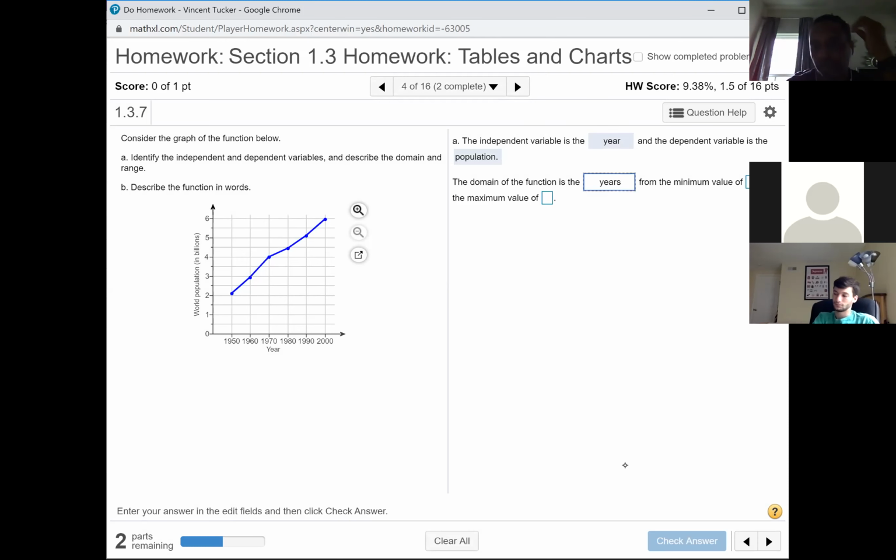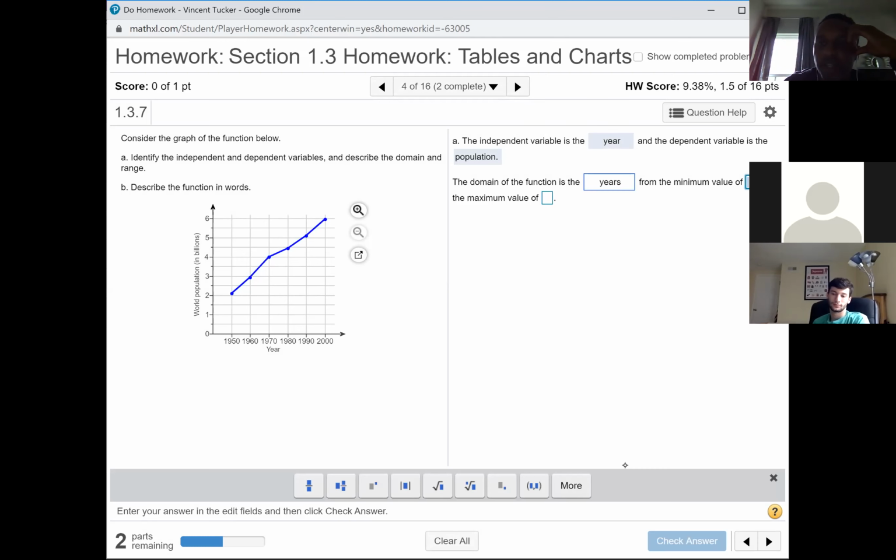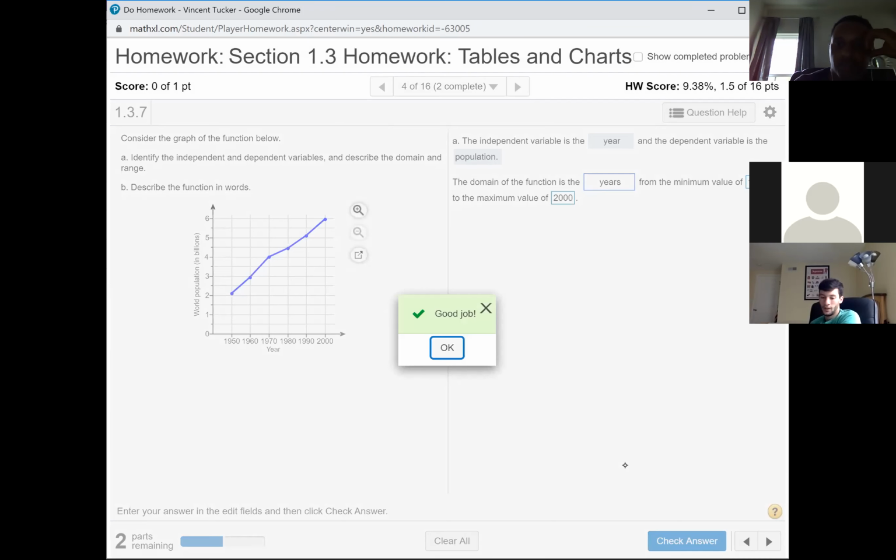Once again, remember we said the years are independent, and your horizontal. The minimum value is 1950. The maximum value would be 2000. So we're looking at our horizontal axis.